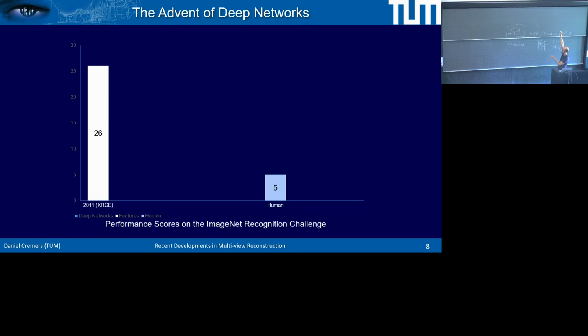And that was a massive gap between machine performance and human performance. And that was one of the biggest riddles in computer vision: can we ever achieve human level performance?